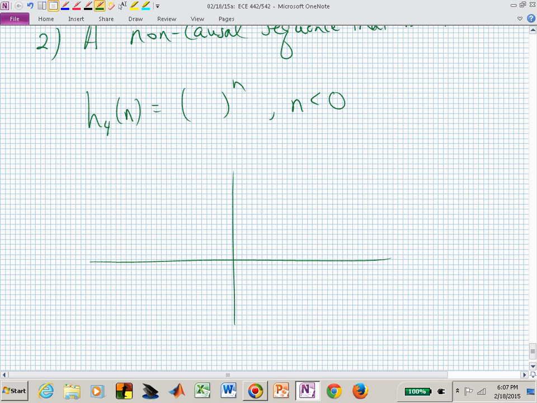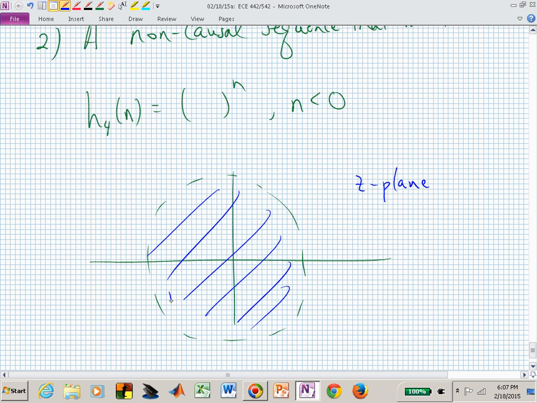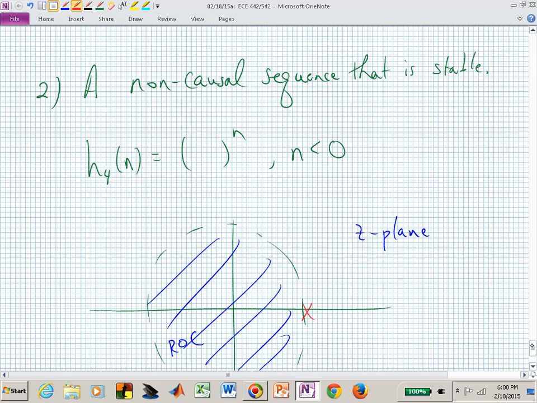If it's non-causal, we now know the region of convergence looks like this, and poles can't be inside the region of convergence. So let's say a pole was bounding that region of convergence. This pole, in order to give us a bounded sequence, or a state, maybe I should say, that is bounded, I'm going to try to reserve stable and unstable when I'm talking about systems. Signals, I'm going to try to use bounded.